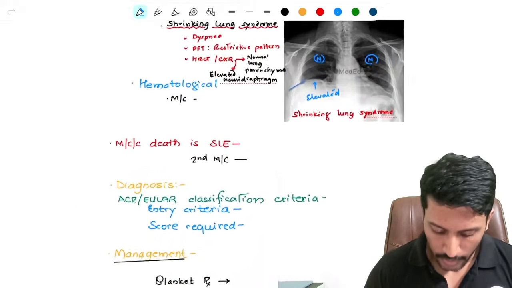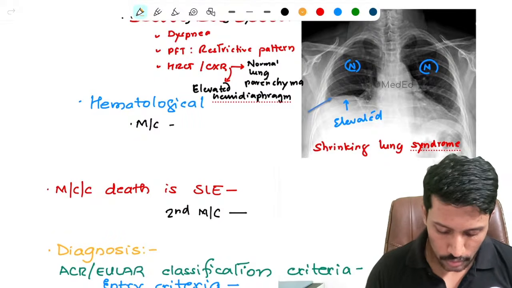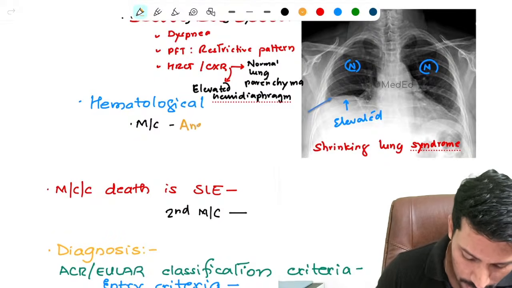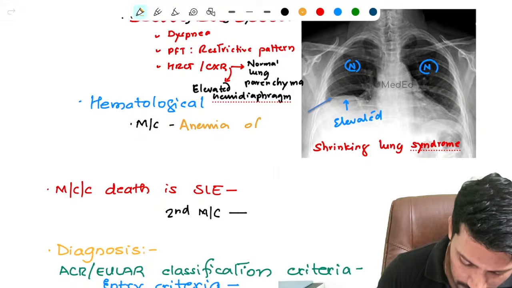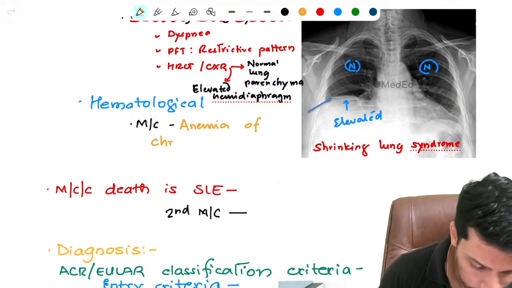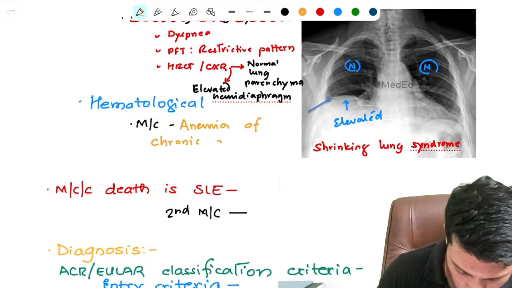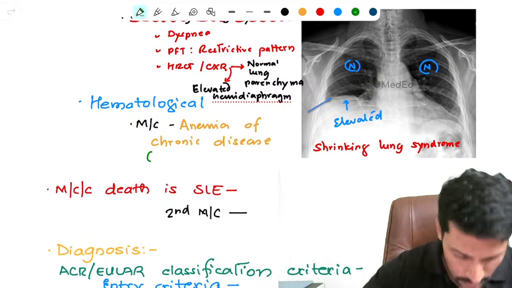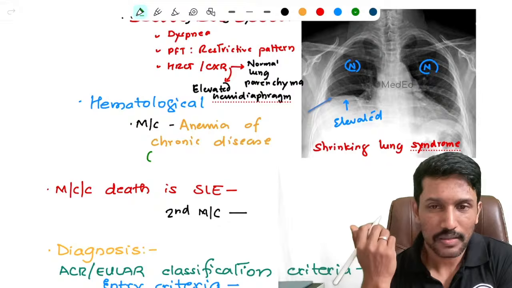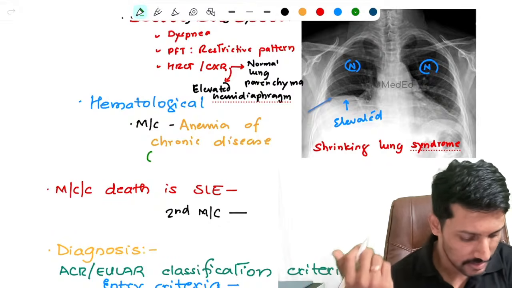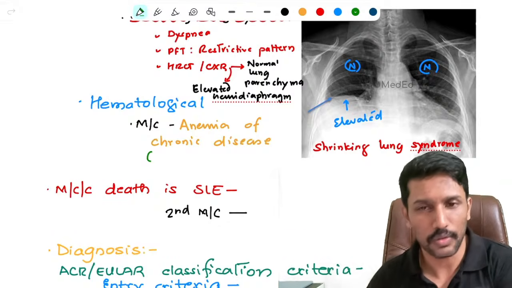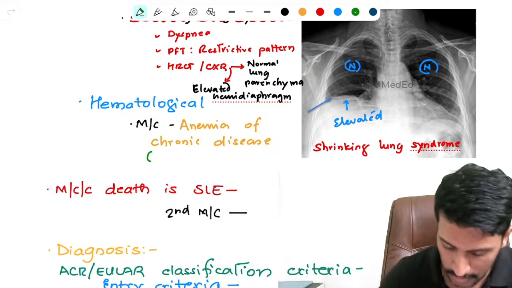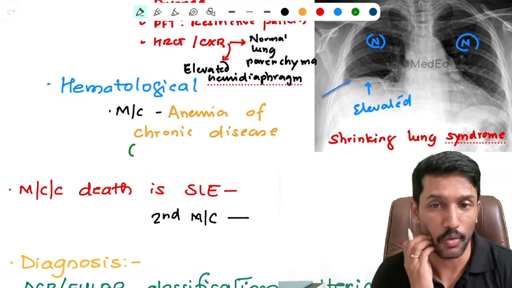Now, hematological manifestations. The most common hematological manifestation is anemia of chronic disease, because SLE is a chronic disease. We will address rheumatoid arthritis in detail in a separate session, because we will get into too detailed a discussion otherwise, and the time constraint won't let me go to the other questions.